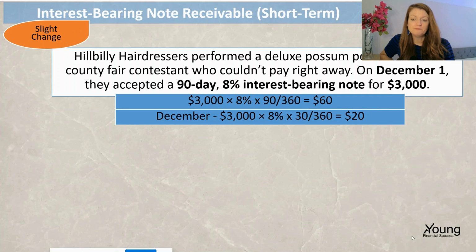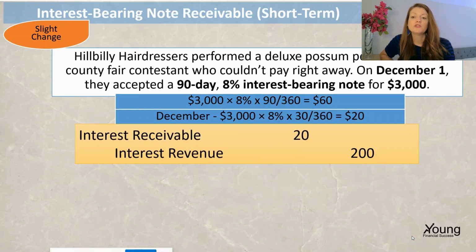So December, we take the 3,000 times the 8%, the annual rate, times 30 out of 360 days, because it's 1 month's worth, which is going to be $20 of interest. So that $20 of interest, we are going to debit interest receivable, credit interest revenue.